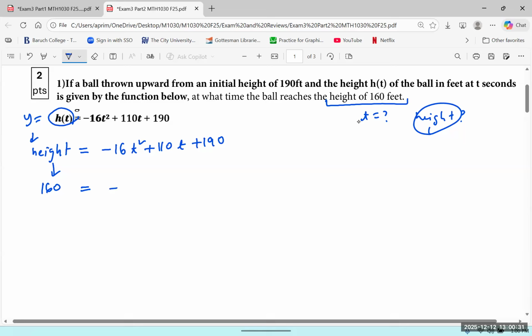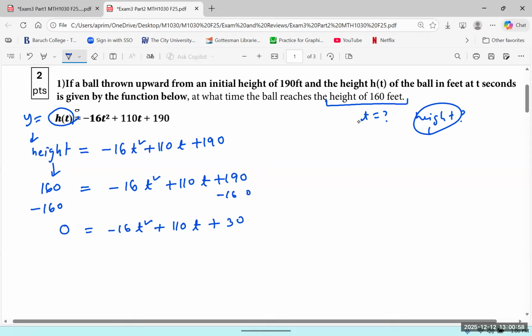So 160 equals -16t squared plus 110t plus 190. So you subtract 160 and you get 0 equals -16t squared plus 110t plus 30.